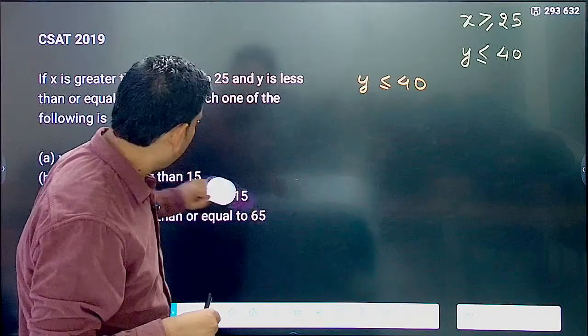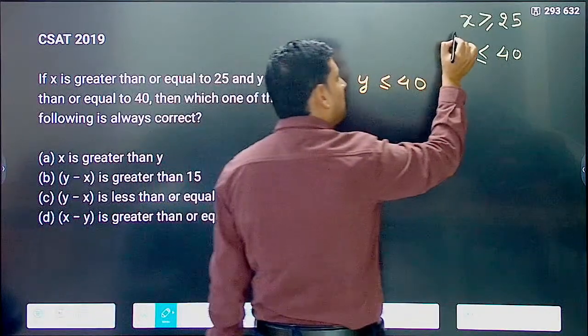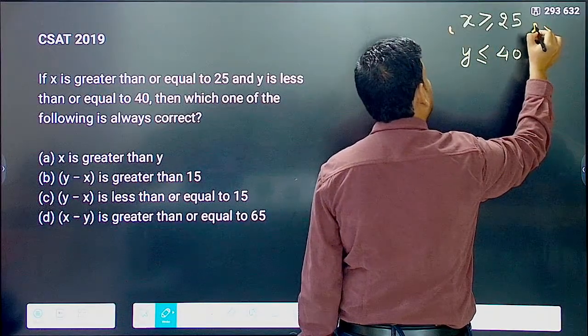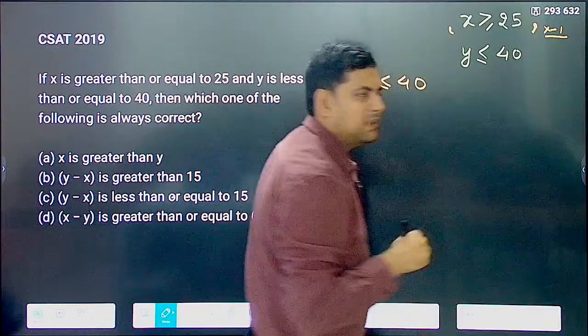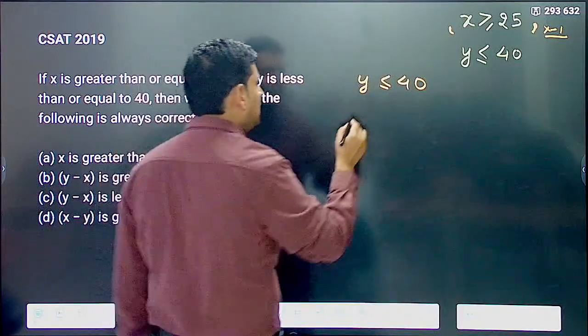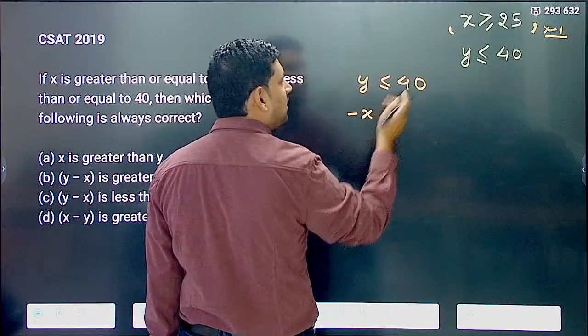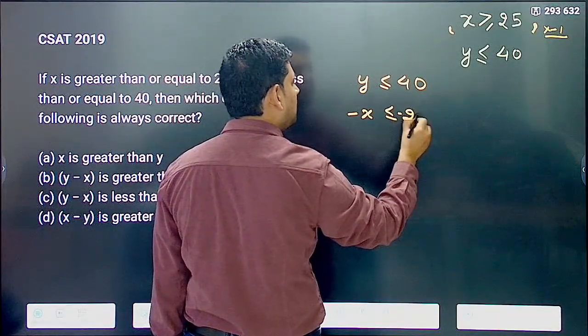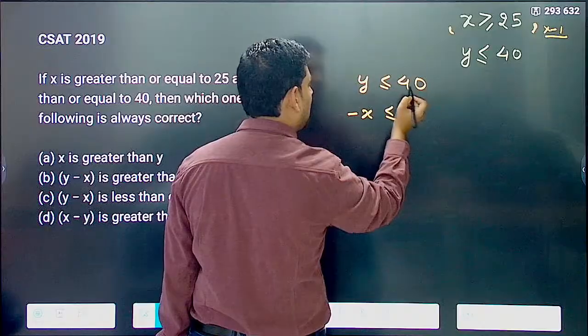So I multiply this with minus 1. I will get minus x here, but the sign will be reversed. So this will become less than or equal to minus 25.